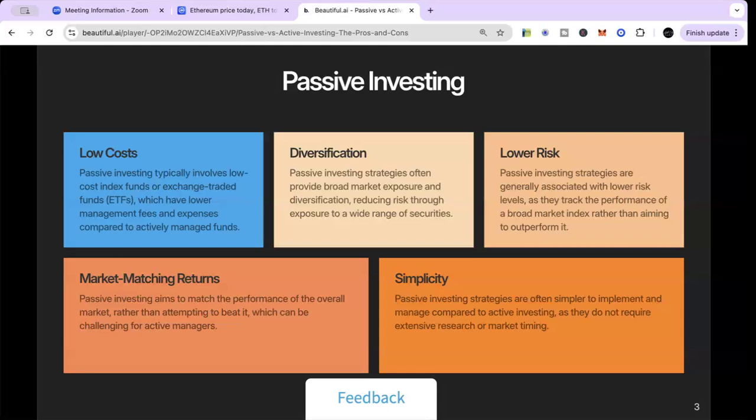We talked about lower risk. Passive investment strategies usually have a lower risk profile because all they do is track the performance of a broad market of stocks rather than trying to outperform the market. So they track the market, which means they flow with the market. If the market makes 20%, you're going to make 20%.